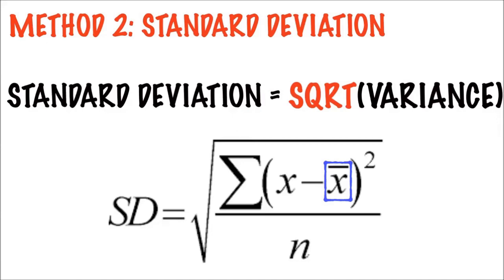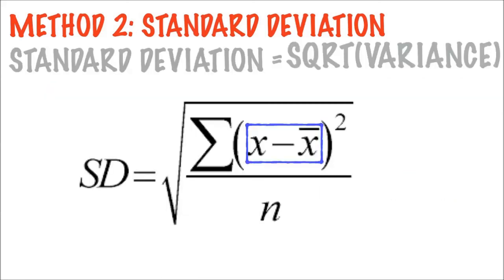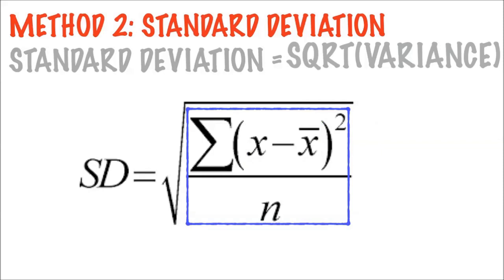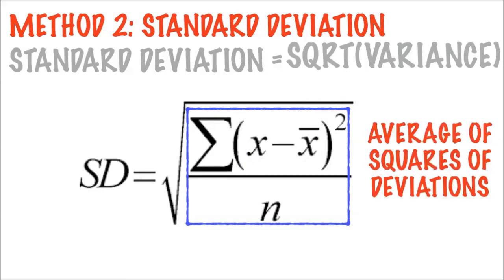Let's go through that one more time step by step. Remember that x bar is the mean or the average of a set of data. We subtract this value of the mean from every point in the data. For every point x in our data set, we calculate the deviation from the mean. We then go ahead and square the deviation and sum it up, and we calculate the average of the squares of the deviations.